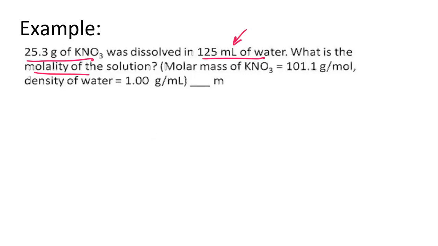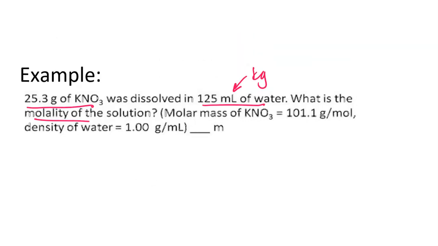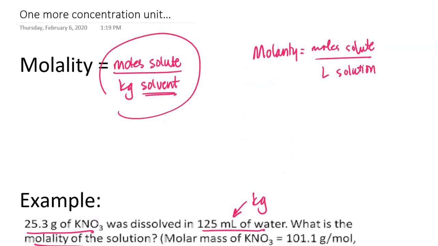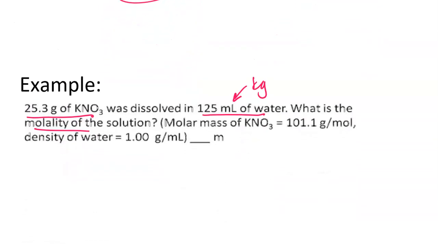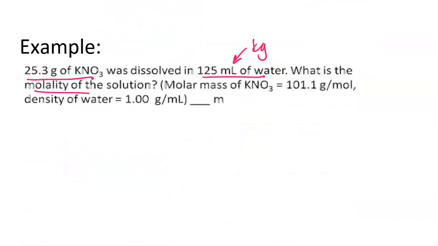So I have to be able to actually turn these milliliters of water into kilograms so that I can do the proper calculation of molality. Now, notice, though, they give you some additional information. They're kind enough to give you the molar mass of the potassium nitrate, but also the density of water. And that's where we're going to be able to make that conversion between milliliters of water to mass of water.